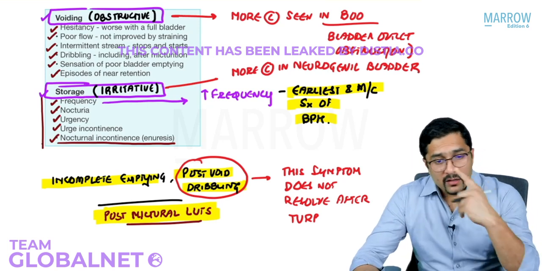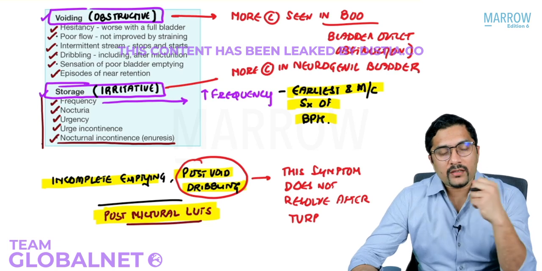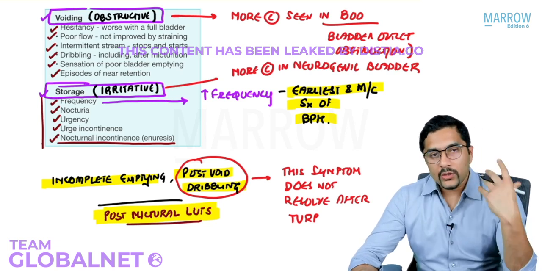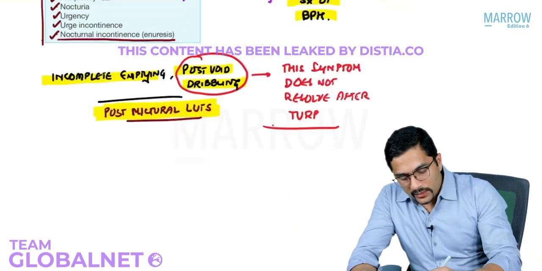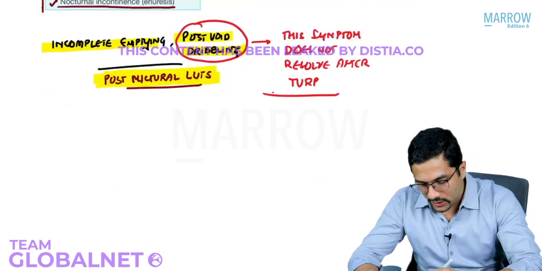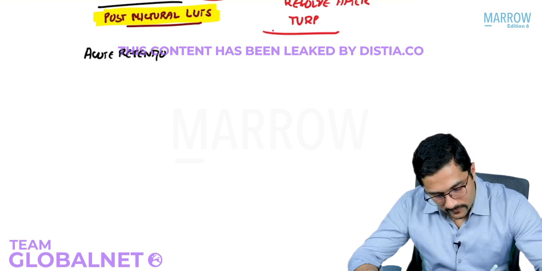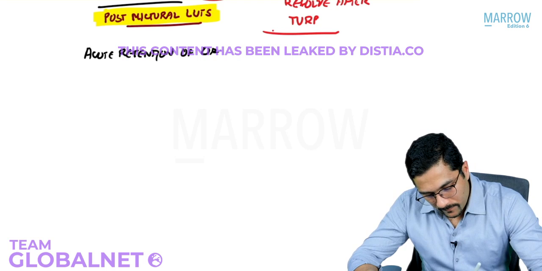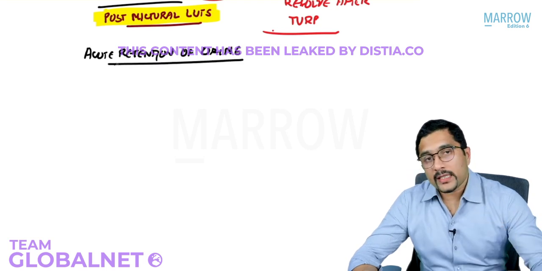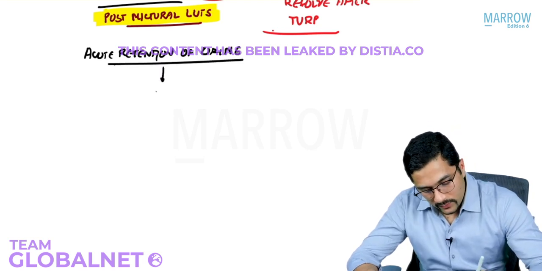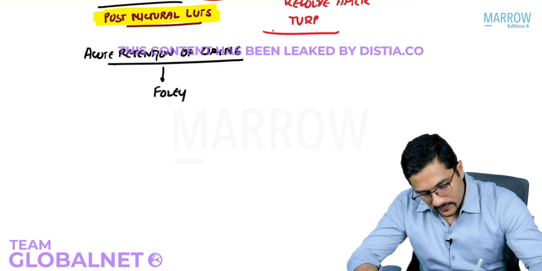Okay. One thing which I want to cover here, which is very important, is acute retention of urine. You know that if the patient comes with acute retention of urine, what do we have to do? In acute retention of urine, we need to put in a Foley's catheter.